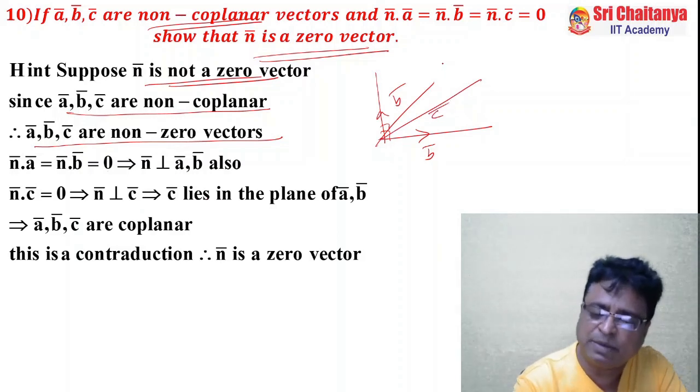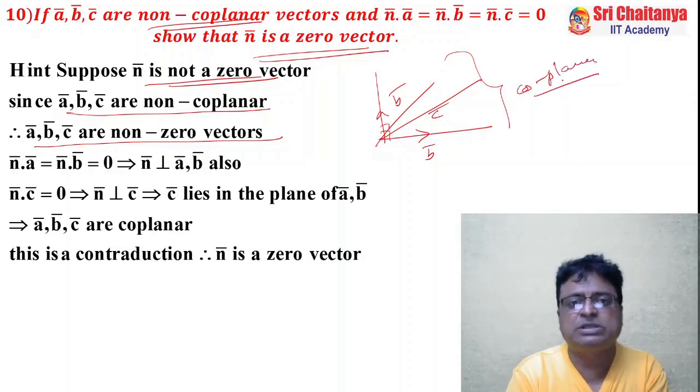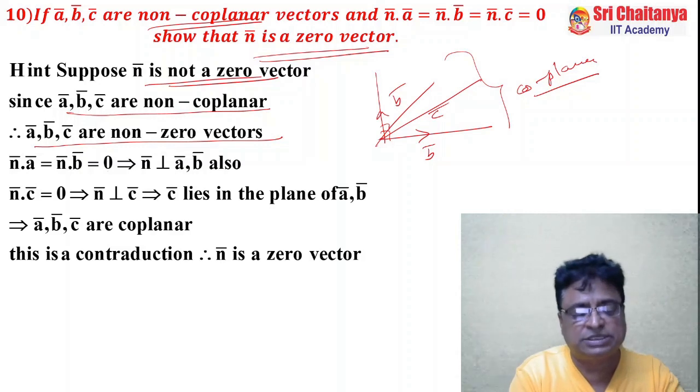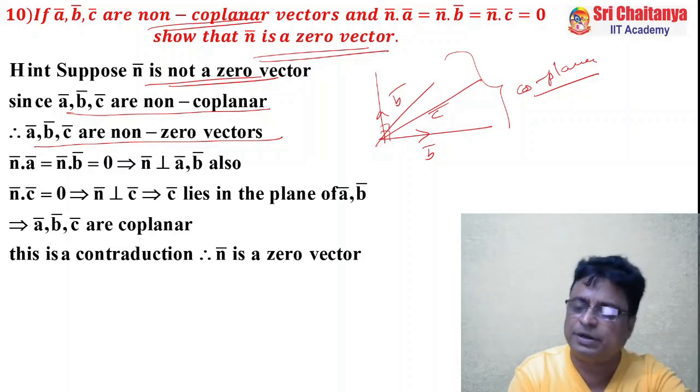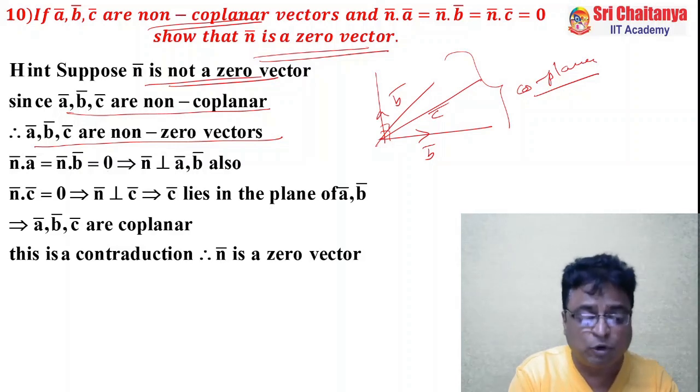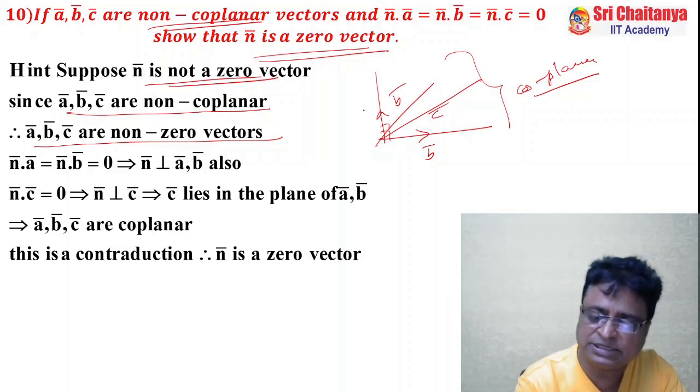That means what? a bar, b bar, c bar are coplanar. Very clear. Whenever n bar dot a bar equal to 0 and n bar dot b bar equal to 0, n bar is perpendicular to both a bar and b bar, and moreover n bar dot c bar equal to 0 means n bar is perpendicular to c bar. That means the situation is like this.